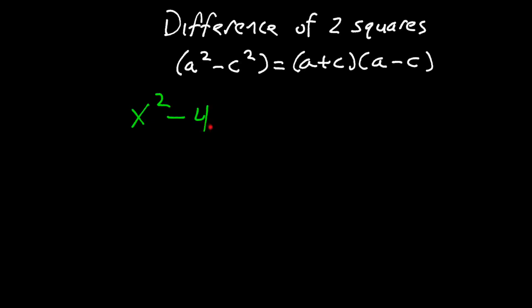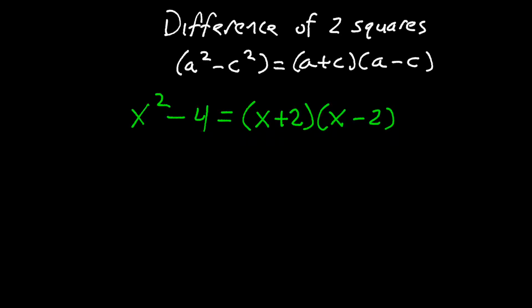If both of these are perfect squares and we are subtracting them, I can then factor this down almost instantly to x plus 2 and x minus 2. And 2 is because the square root of 4 is 2. That is the difference of two squares.